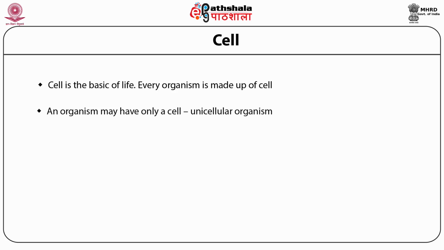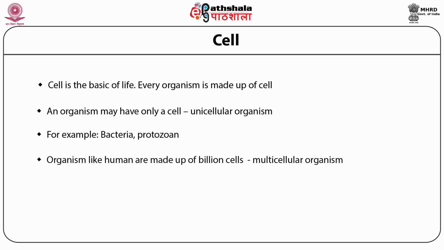Some are made up of a single cell and are called unicellular organisms, like bacteria and protozoans. This single cell performs all the activities of being alive. Others, including humans, are made up of multiple cells and hence are called multicellular organisms. Among these organisms, different activities are performed by different specialized cells.